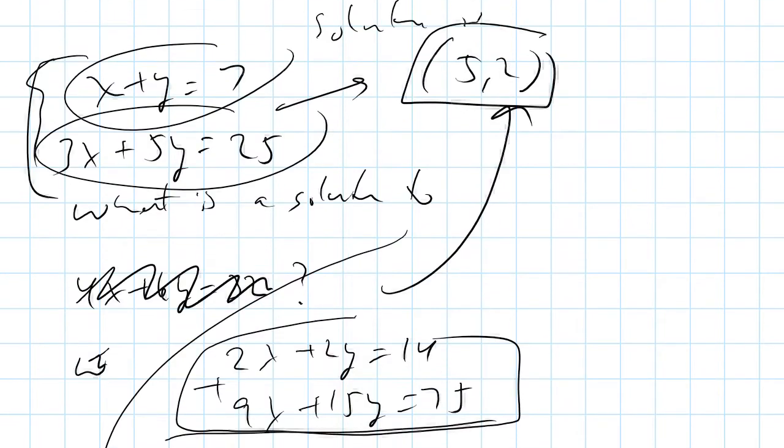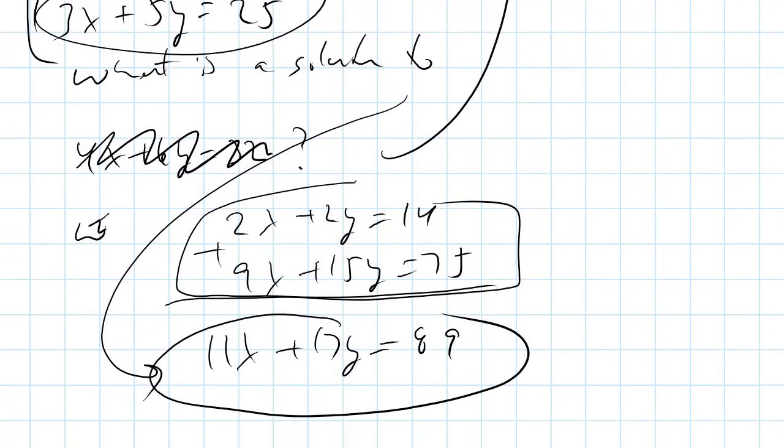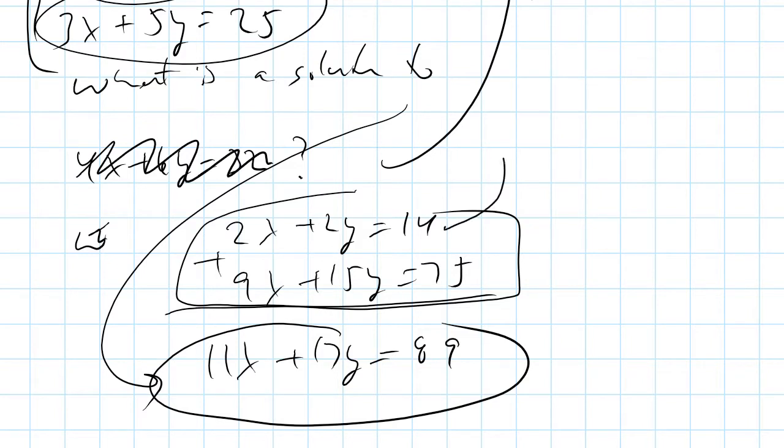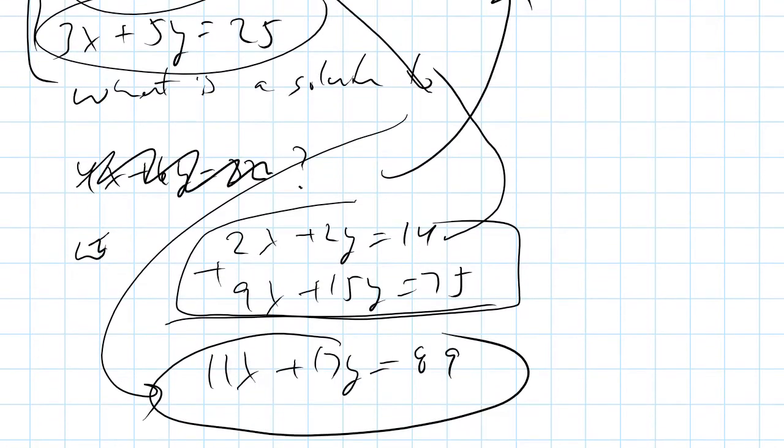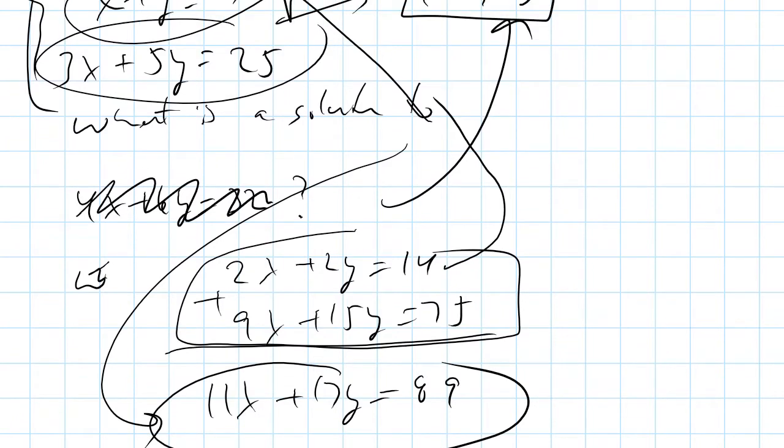So you say, wow, that looks like a really hard question. But if you notice, this is just the top equation multiplied by 2 on both sides, which means 5, 2 is a solution. It's in the solution set of the top equation, because multiplying both sides doesn't change the solution set at all.